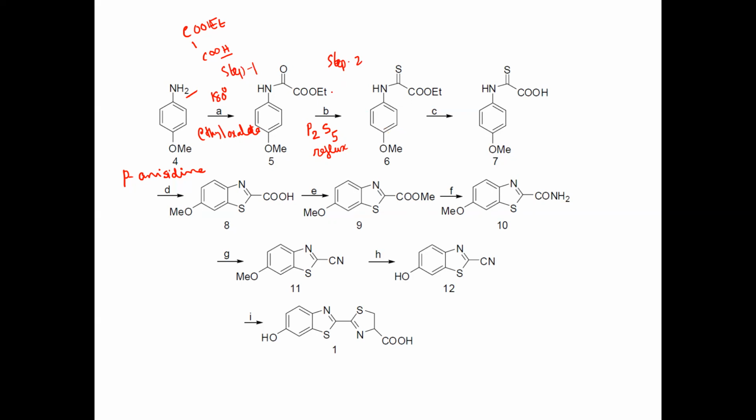In the next step, we have to remove the COOEt. We have to deesterify that, which means we have to hydrolyze the compound. For that, first we can use NaOH at 0 degrees Celsius, a low temperature ester hydrolysis, followed by which we get a salt, sodium COONa.